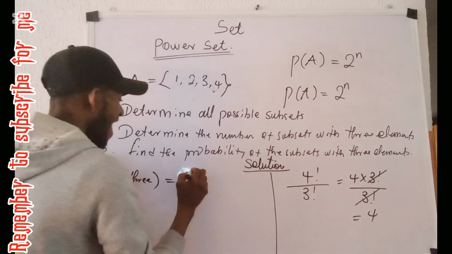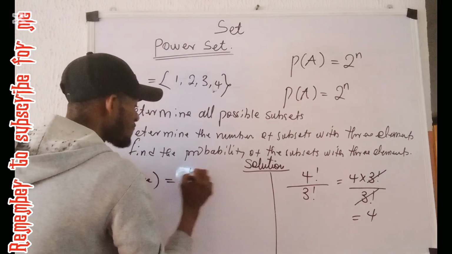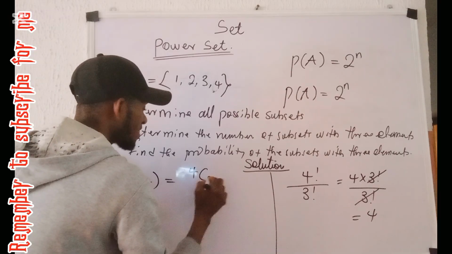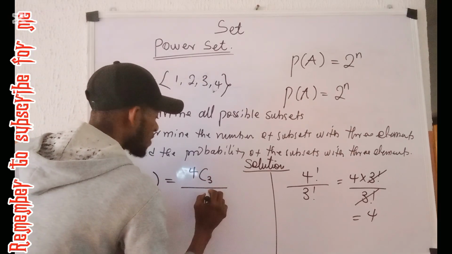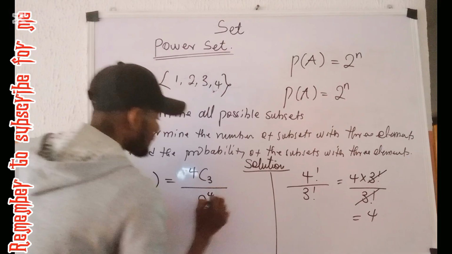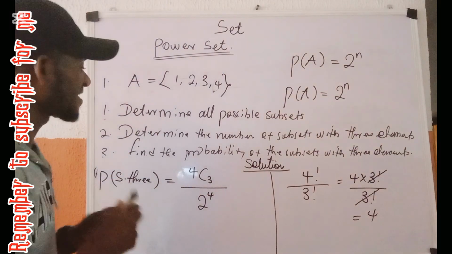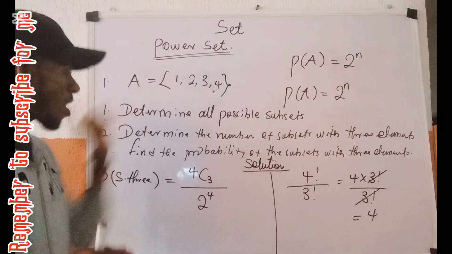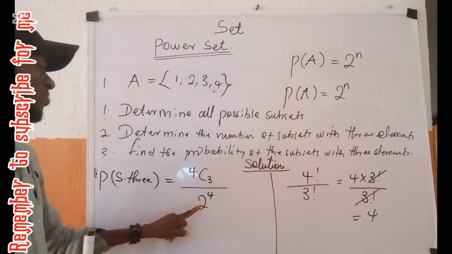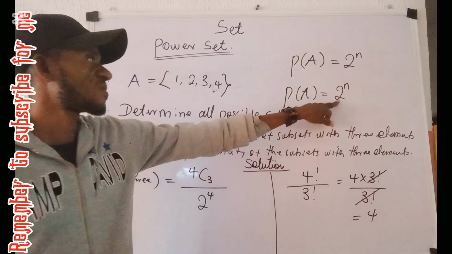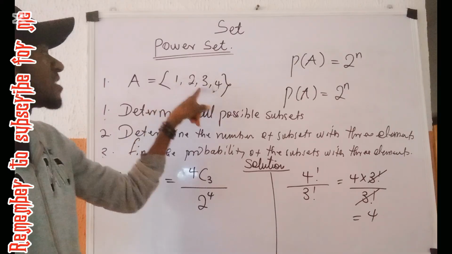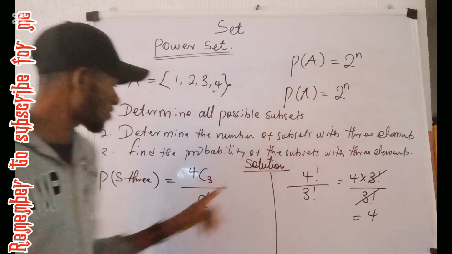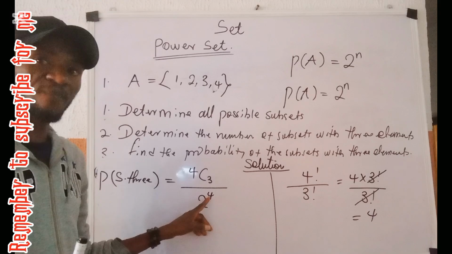This is given as 4 combination 3 all over 2 raised to power 4. What do we mean by this? To determine all possible subsets, we use 2 raised to power n. And here, the number of elements in A is 4, so n becomes 4.